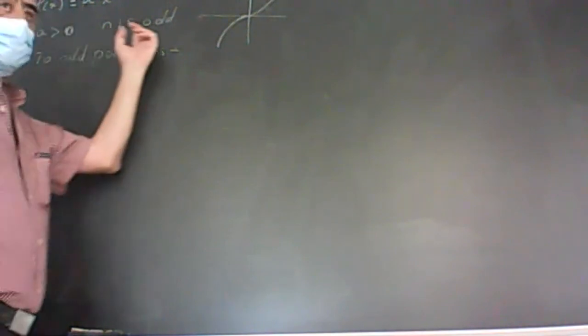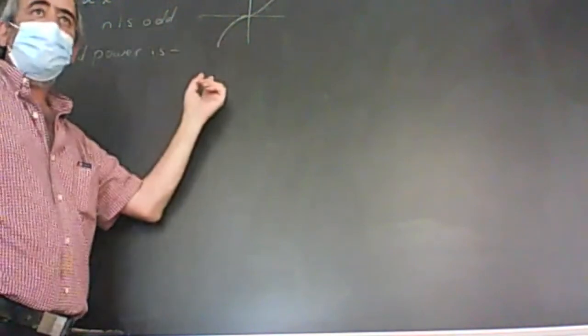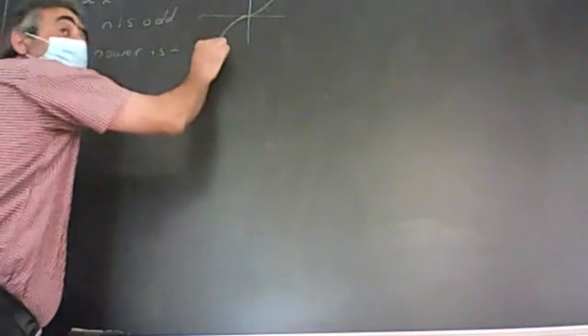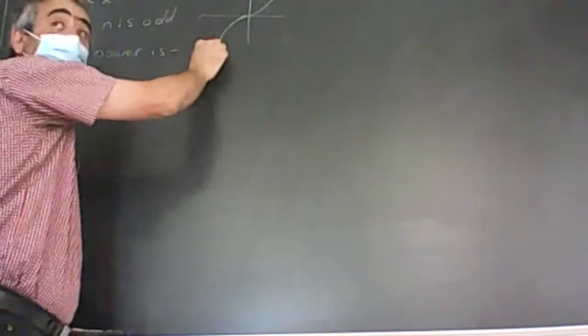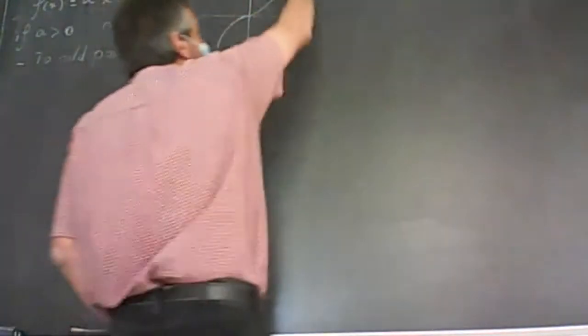And I multiply it by a, which is positive. So that means I'm getting a negative answer. So I'm here. Yes? The value is negative. We're done here. And then, it's odd, so you're going to end up on the other side.